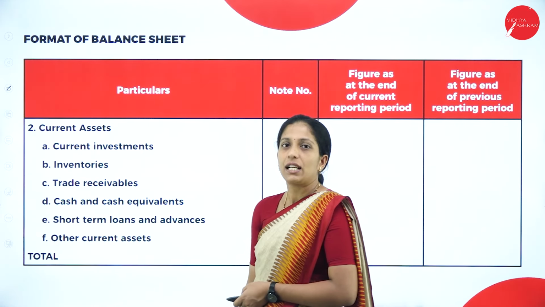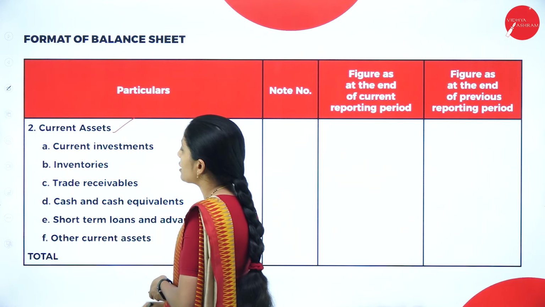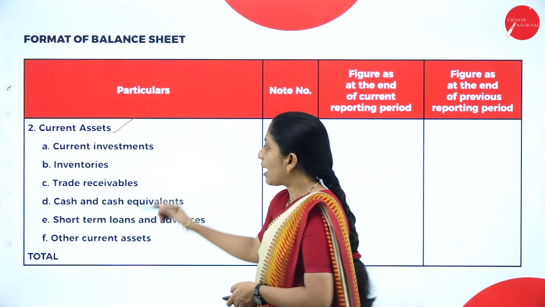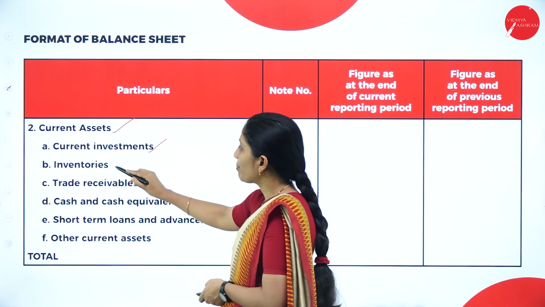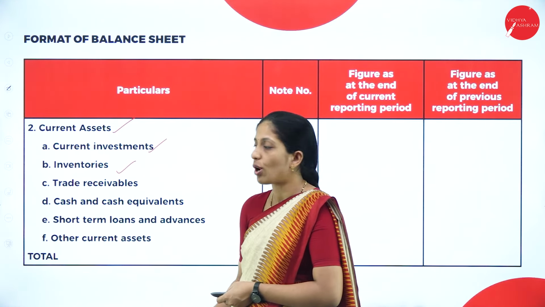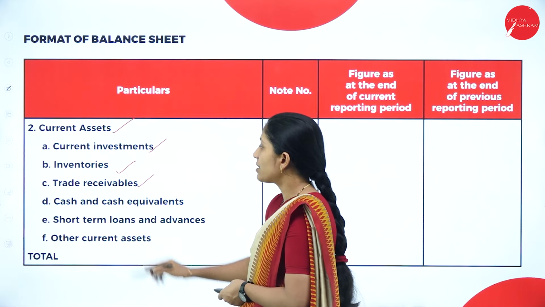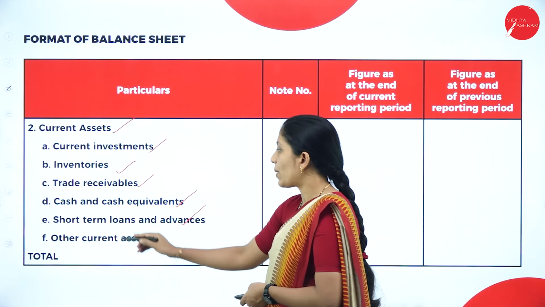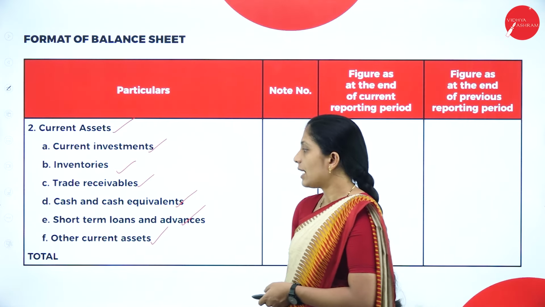Next, second one under assets is current assets. So first one was non-current assets, second is current assets, where we have A current investment, B inventories, which means that stock, C trade receivables, D cash and cash equivalents, E short-term loans and advances, F other current assets.